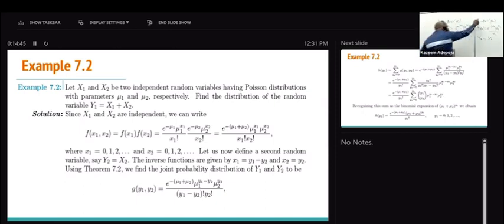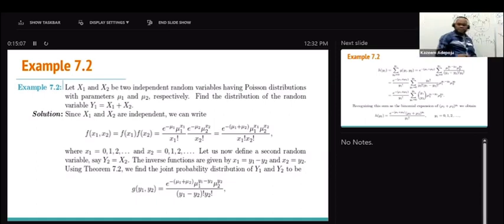x1 and x2 are independent. Can you see that from the question? If they are independent, then you need to write f of x1 times f of x2. So you multiply this by this.